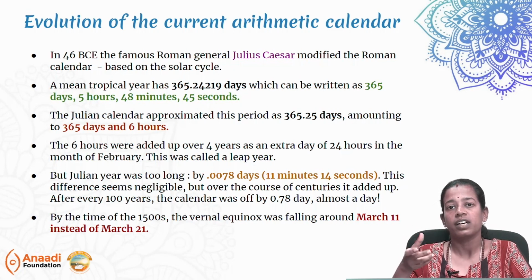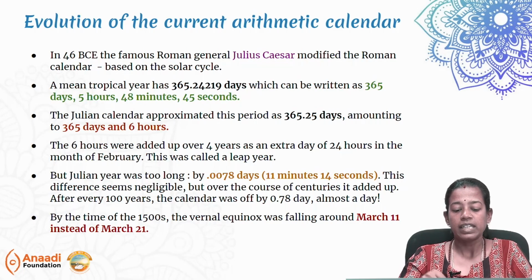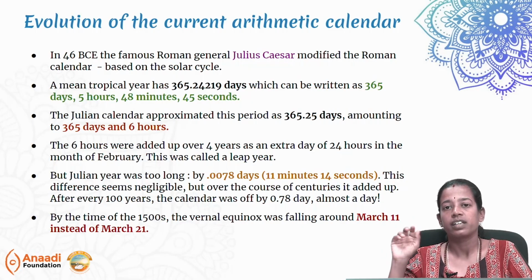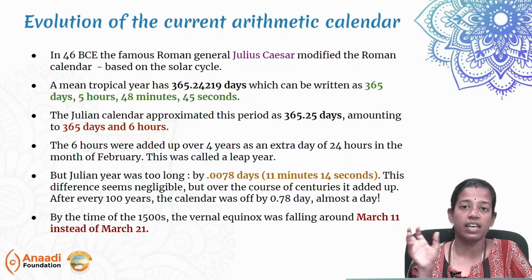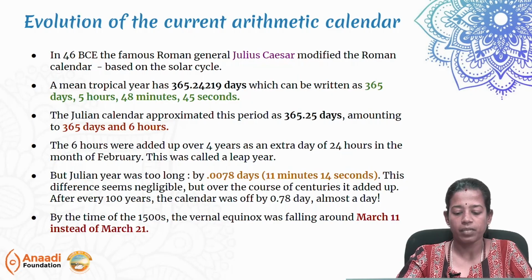So, what have we done? We have made it 365 days and a quarter day. This quarter day which gets added every year is what reflects in your leap year calculation. That is why in the Julian calendar, once in every 4 years, they would add an extra day to the month of February.